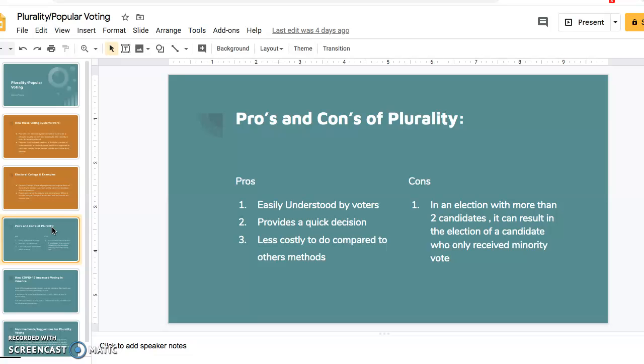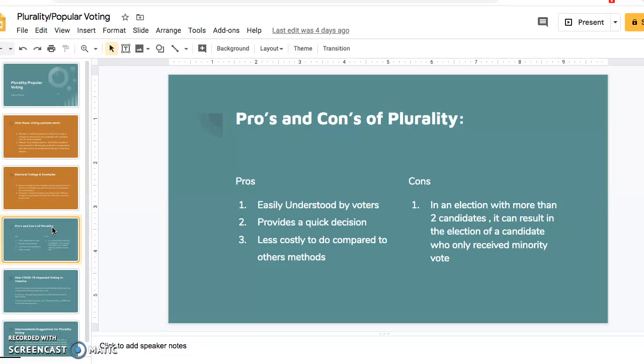One of the cons would be in an election with more than two candidates, it can result in the election of a candidate who only received a minority vote. Another con would be when you vote in plurality, it kind of puts pressure on you because you only get one vote.